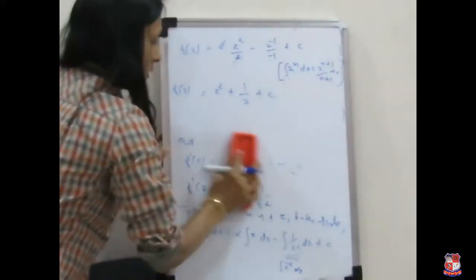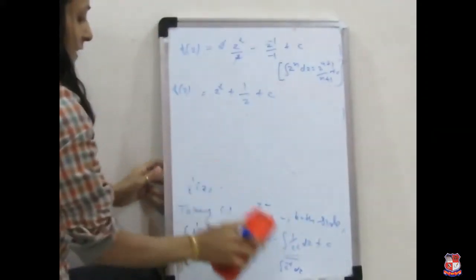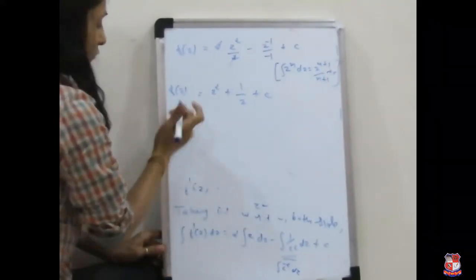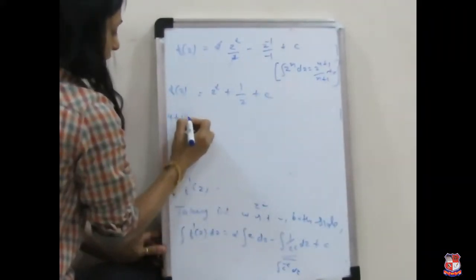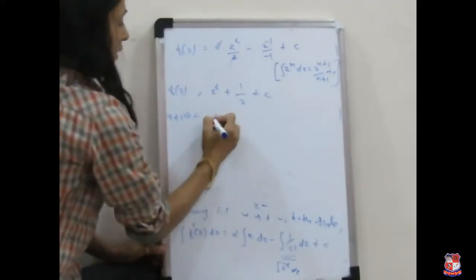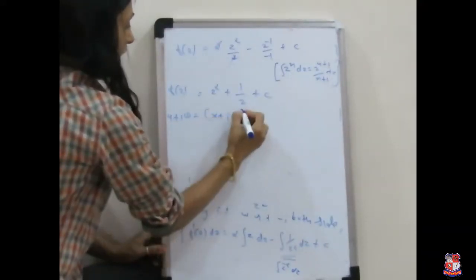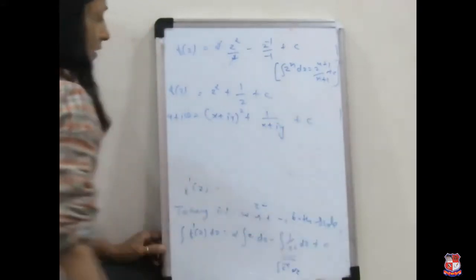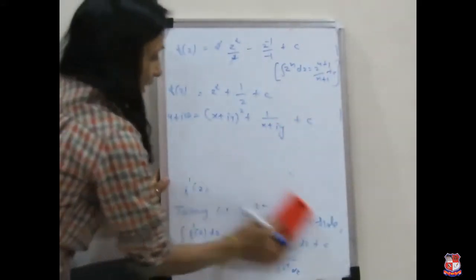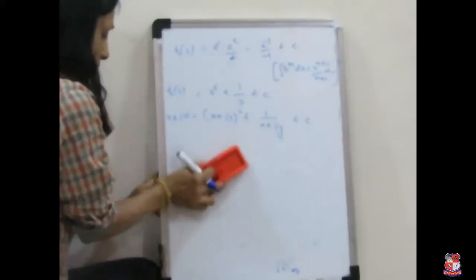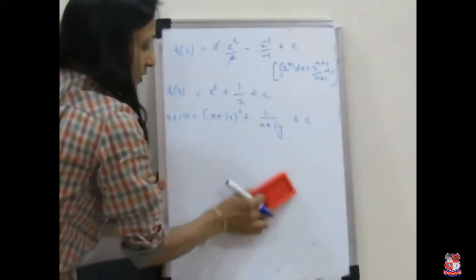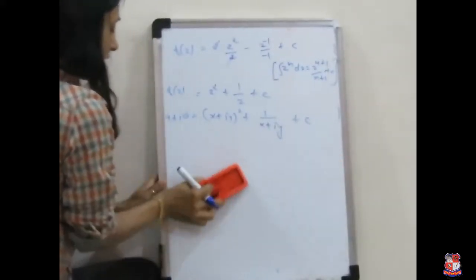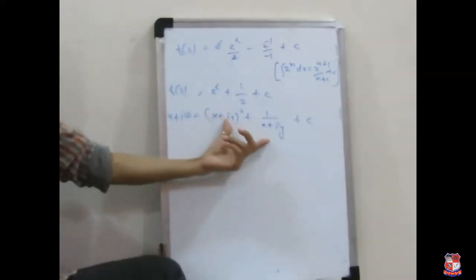Now put z is equal to x plus iy. Then what is our f of z? u plus iv is equal to (x plus iy) square plus 1 over x plus iy plus c. We have to find the real and imaginary parts of this equation.